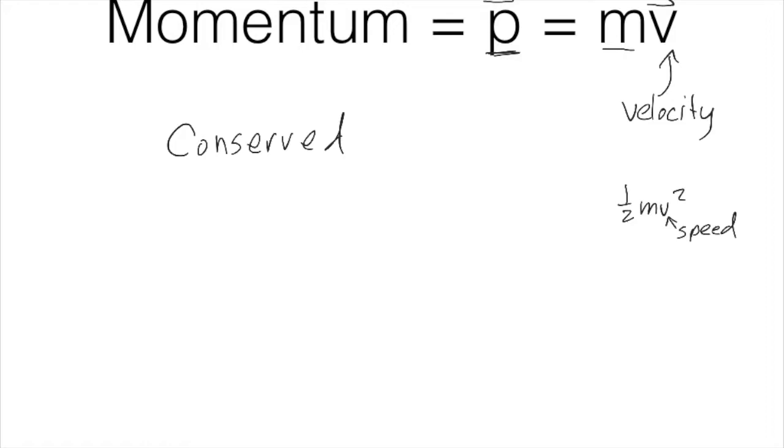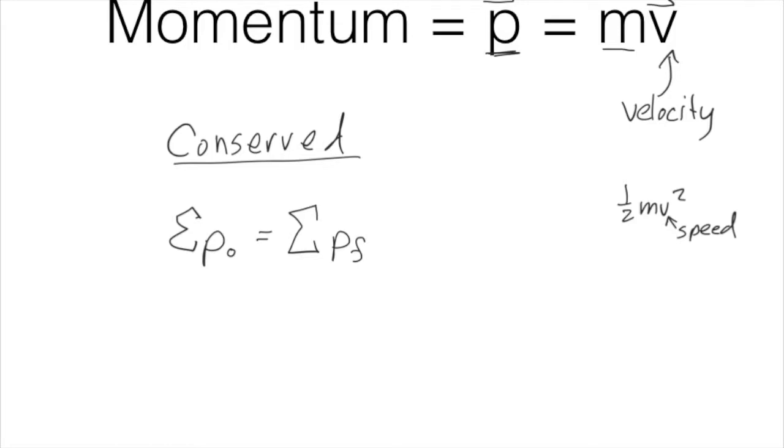But it didn't allow us to work with interactions between objects. So momentum is going to allow us to take a full system and deal with the momentum of the system, and as long as there are no outside forces, it will be conserved. Or in other words, the sum of the momentums in the beginning must be equal to the sum of the momentums at the end. And we're going to see that in the next couple of slides.